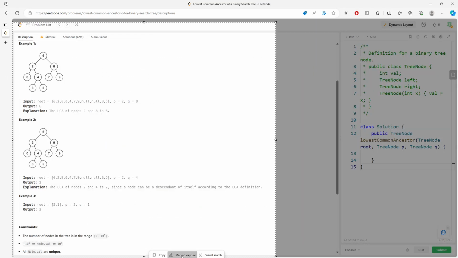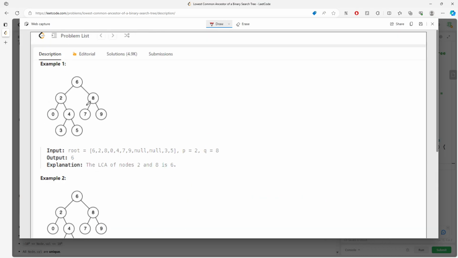Let's look at this. So 2 is going to be here, 4 is going to be here. Starting from the root, you want to traverse. Are my two nodes, P and Q, both on the left or both on the right? These are the two scenarios, right?